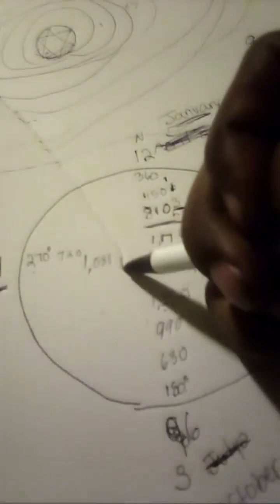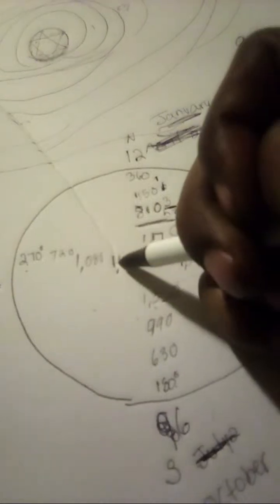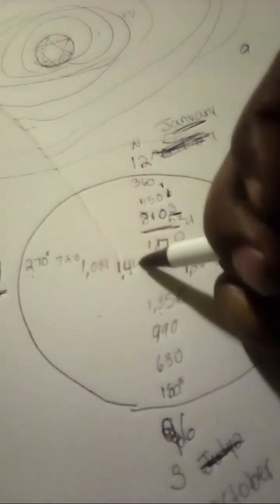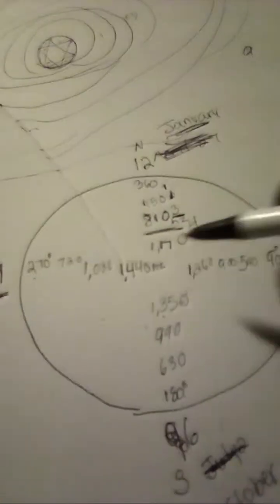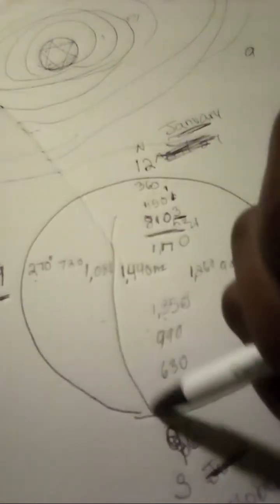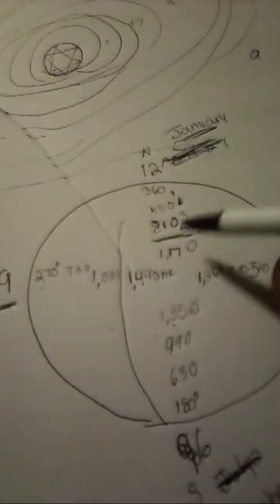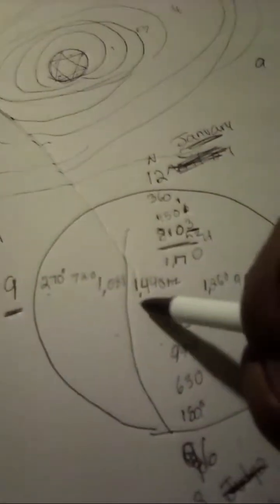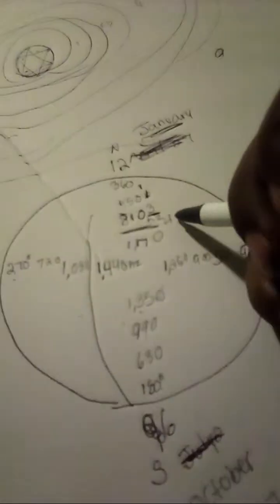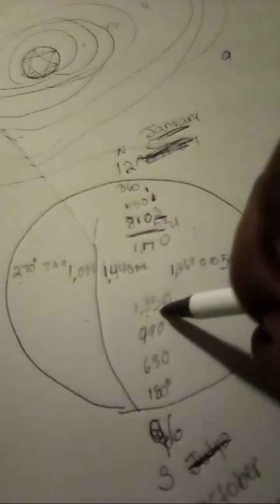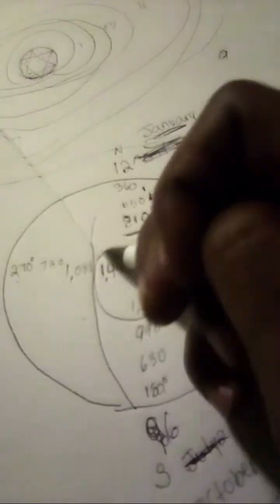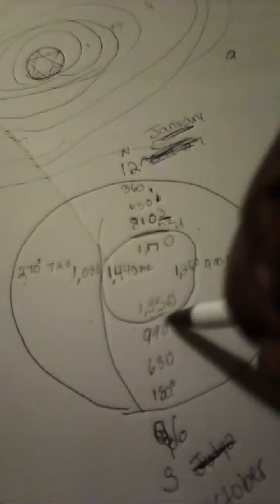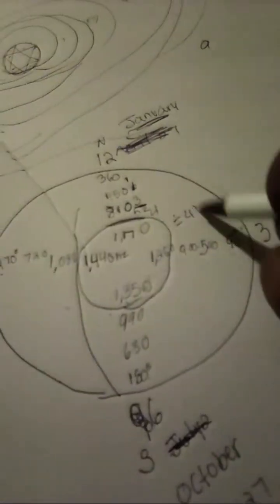So after 1350, you get what? 1,440 hertz. Okay? And then after that, you got a higher frequency dealing with 360. But 4D, because these numbers right here are dealing with 4D.